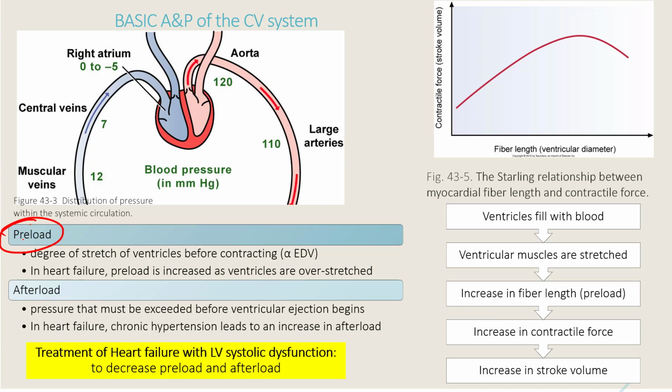Preload is the degree of stretch of ventricles before contracting. So it's proportional to what's called the end diastolic volume. The end diastolic volume is the amount of blood in the ventricles right before contraction starts.